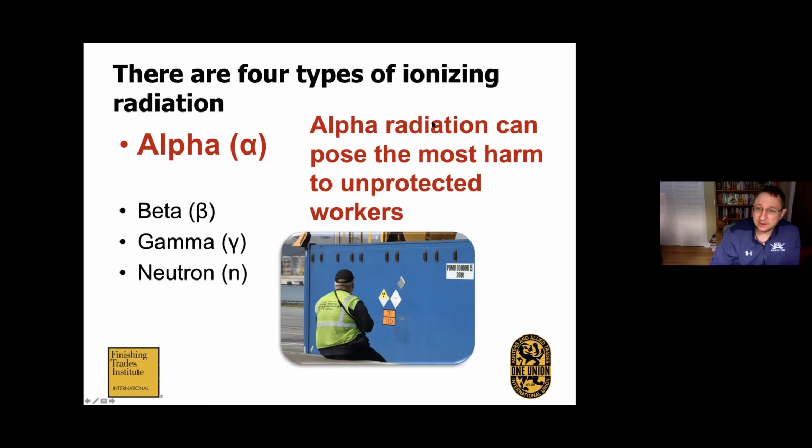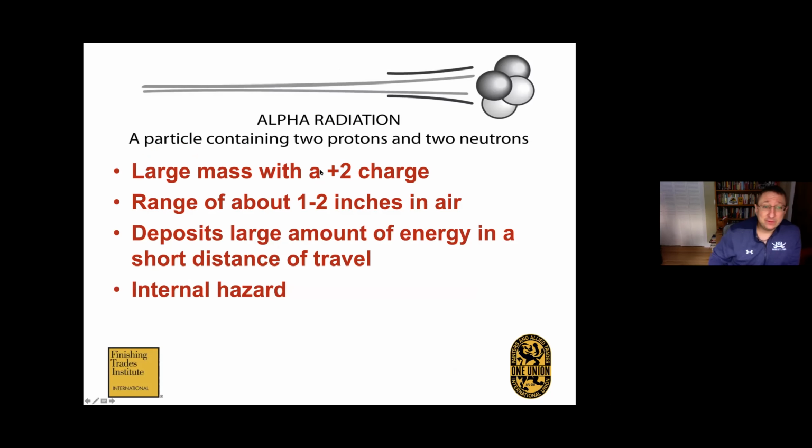So this is again the most damaging one, the one that we really need to protect workers against. Luckily, it's an easy one to protect workers against. So alpha radiation, it's a particle that contains 2 protons and 2 neutrons. And I get into this in my other course, but it's fairly large and heavy, as far as a tiny microscopic particle is concerned.